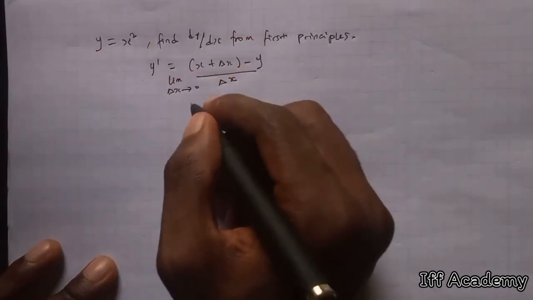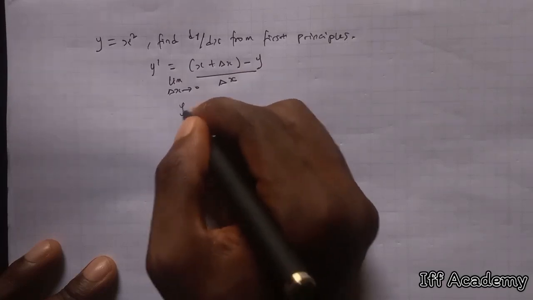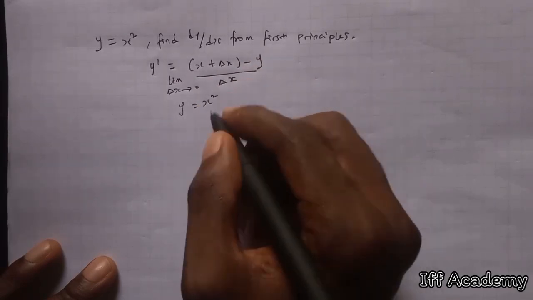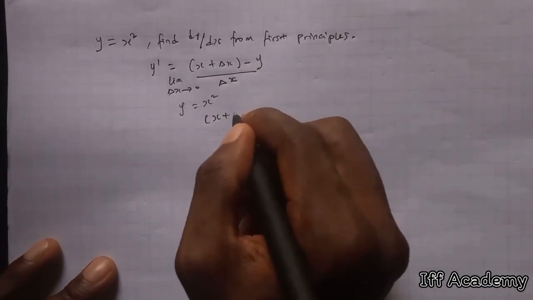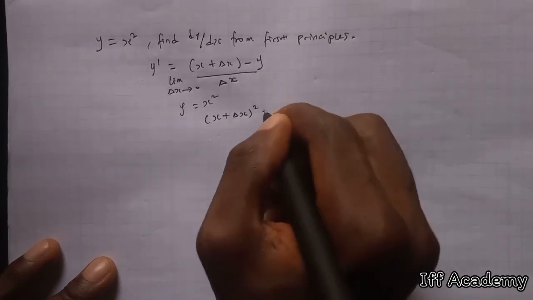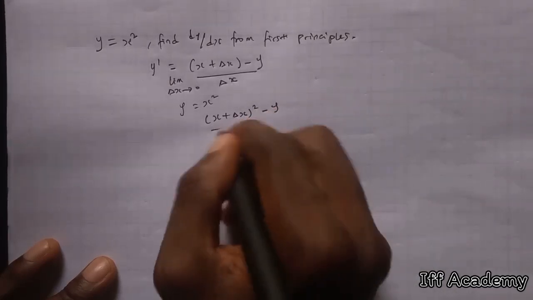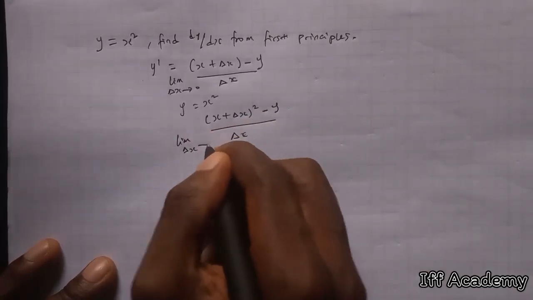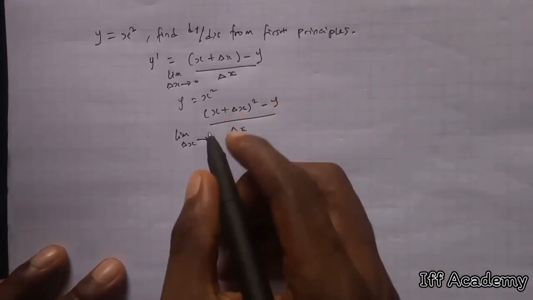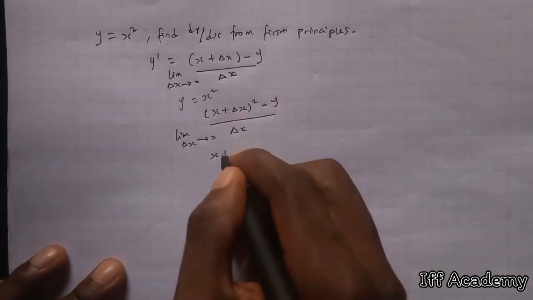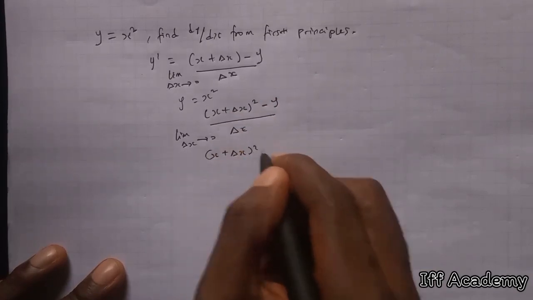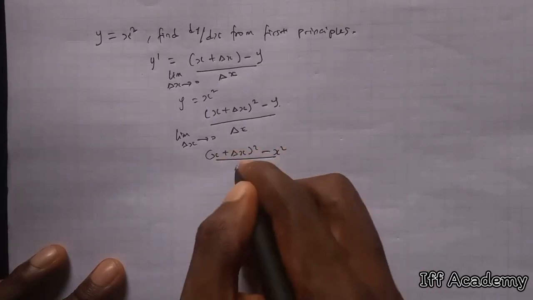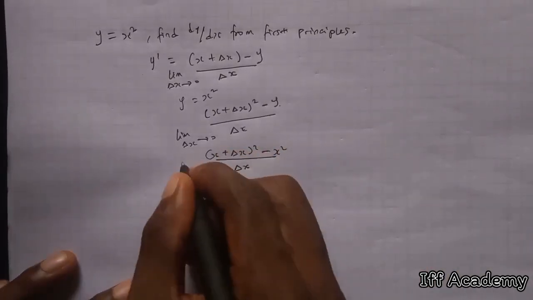So we have y equals x squared. This becomes x plus change in x squared minus y over change in x, limit as change in x approaches 0. Remember we said y is x squared, so x plus change in x squared minus x squared over change in x.